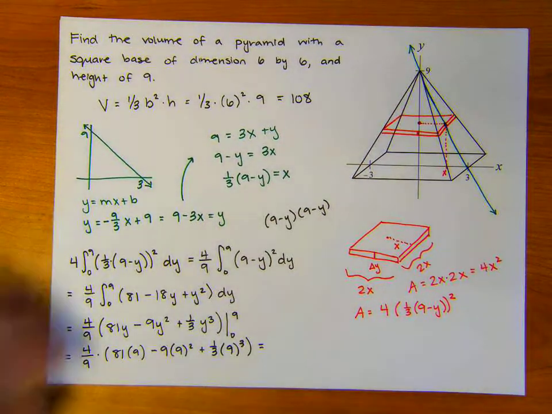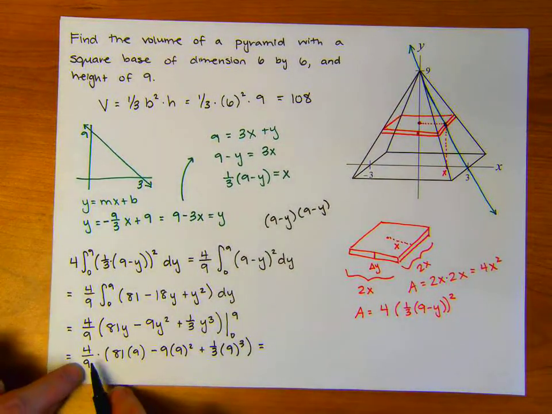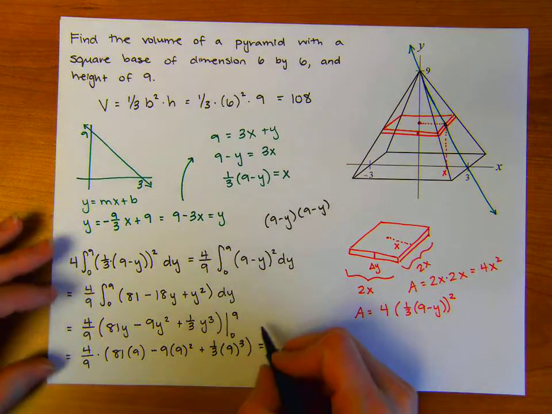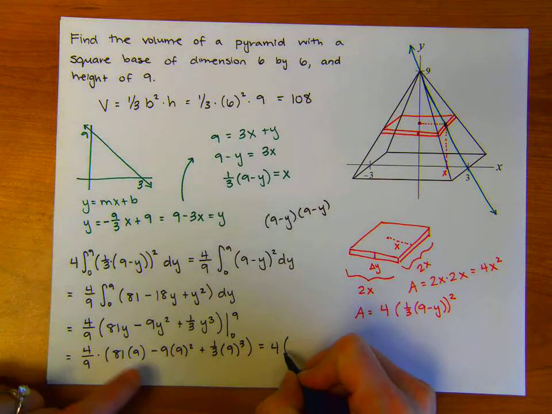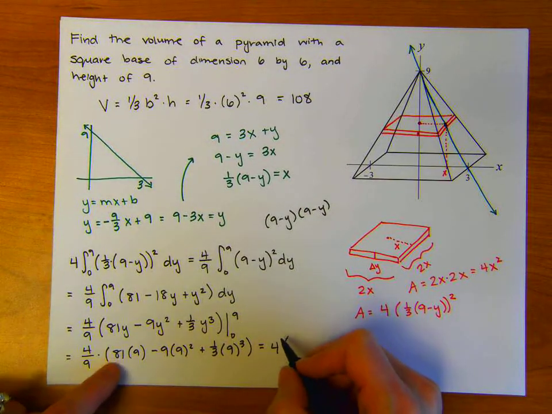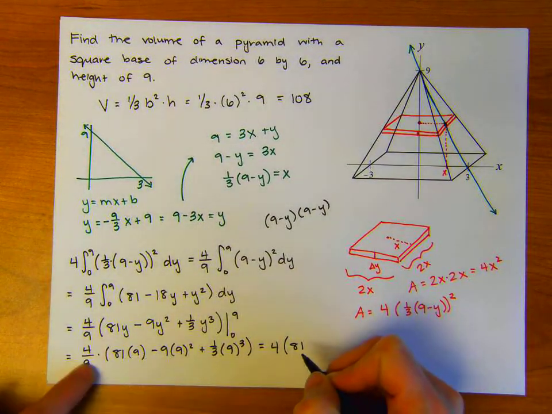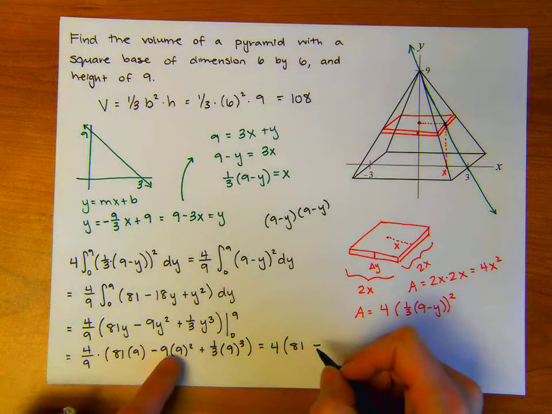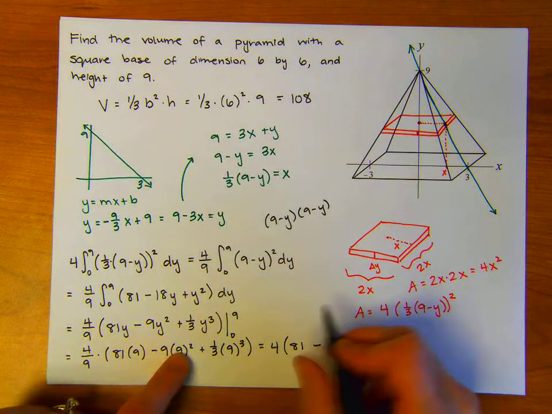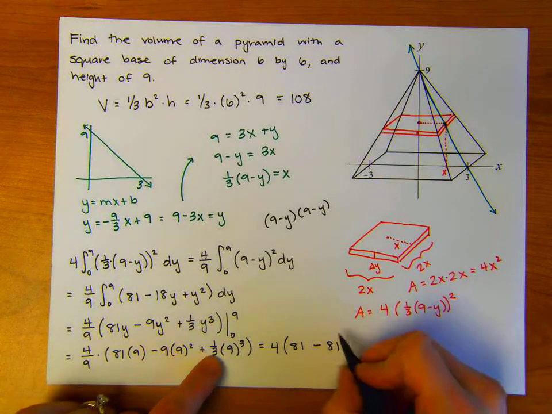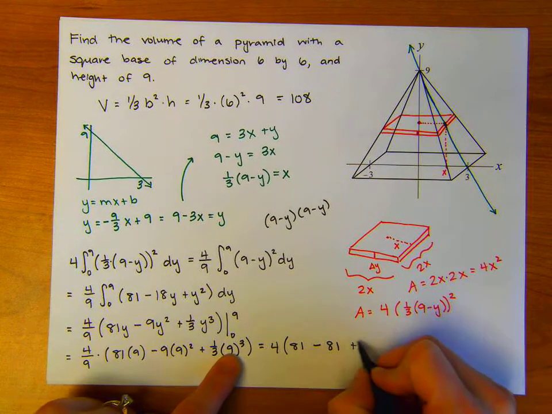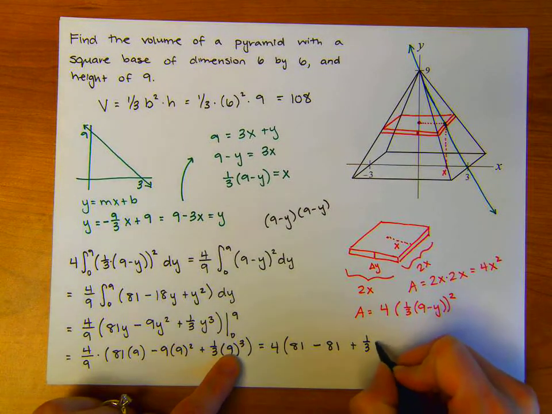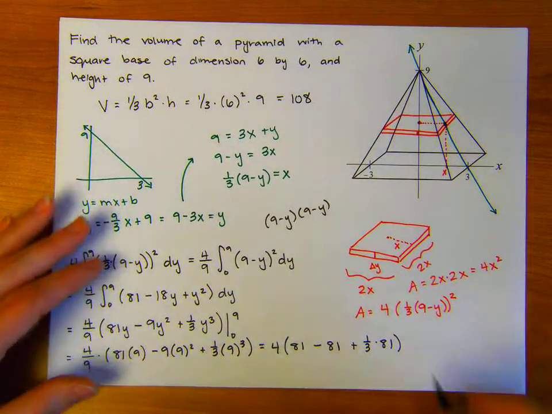Just to make this a little bit easier, I'm going to distribute this 1/9 throughout. I don't remember what 9 cubed is off the top of my head, so I'm going to divide everything through by 9. So I had 81 times 9 over 9, minus, you can think of these 9s canceling, giving me 9 squared, which is 81, plus one of these 9s would cancel with this, so I'd have 1/3 of 9 squared, which is 81.